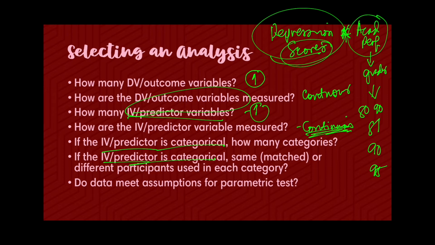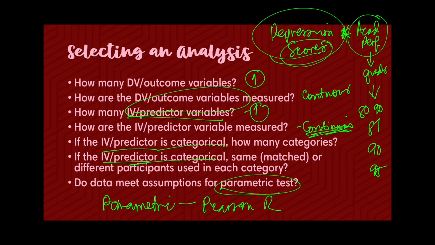And then next question is, do we meet assumptions for parametric tests? Now, if your independent variable and dependent variable are only one each, and they're both continuous, you're left with two options to test for the relationship. The first option is a parametric one, and we will learn this next week, the Pearson-R correlation.